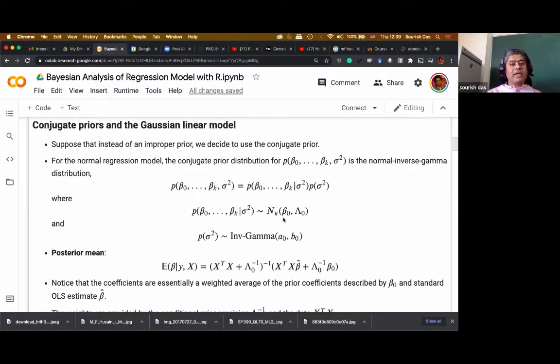It turns out that the posterior of beta naught, beta 1, beta k is also k-variate normal given sigma square and data, and the posterior of sigma square given data turns out to be again inverse gamma. But of course, the parameters will be different. Parameters will be updated. We have to do that updating.